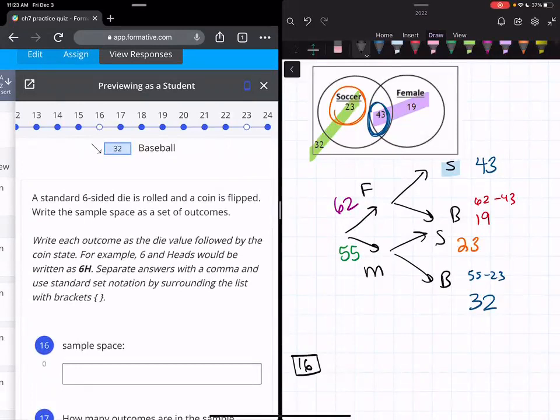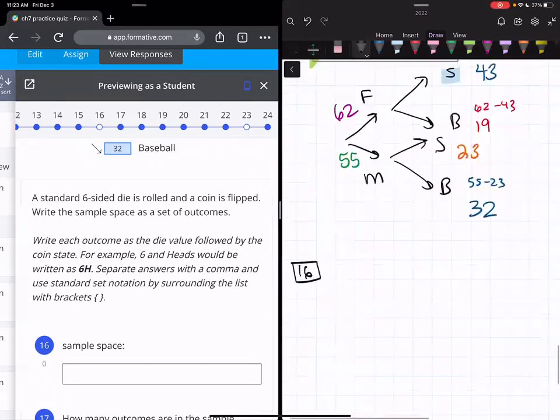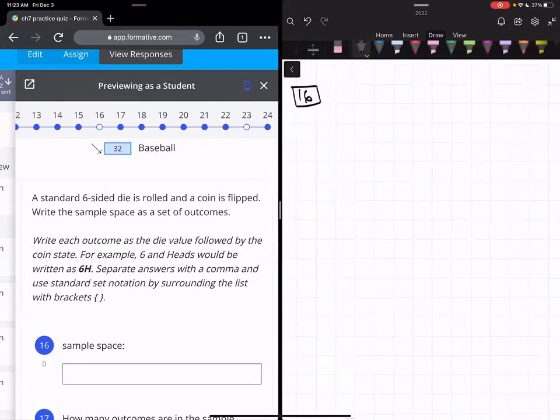Okay, I didn't type in the answer for this one because I didn't feel like it. But we have a 6-sided die and a coin, and they're both happening. So your 6-sided die could be 1, 2, 3, 4, 5, or 6. And then it could be heads or tails. So they could all be attached to heads.